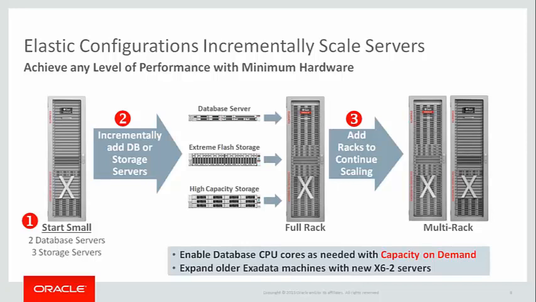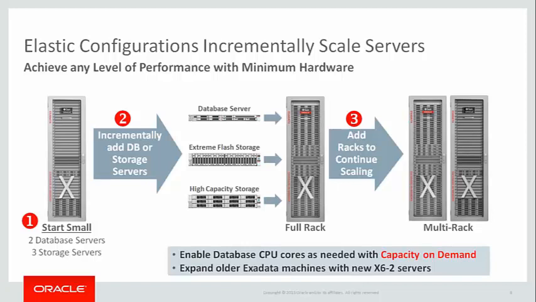In addition, we also offer capacity on demand to reduce the need for licensing if the customer is looking to license only a certain number of CPUs, and we also allow older Exadata machines to expand with the newest generation of hardware.